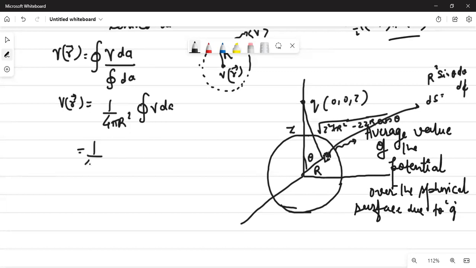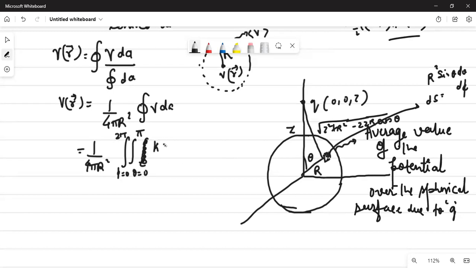So this is 1 upon 4 pi capital R squared times a double integral, where theta is varying from 0 to pi and phi is varying from 0 to 2 pi. You are on the surface, so the radial component itself is capital R. What is the potential?